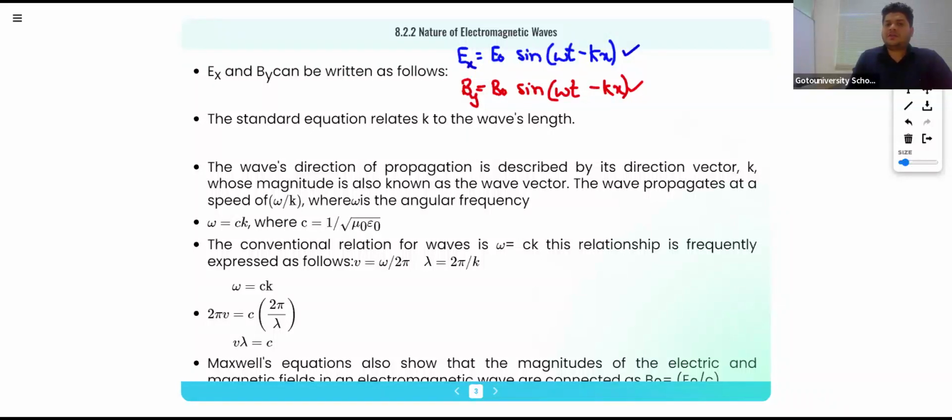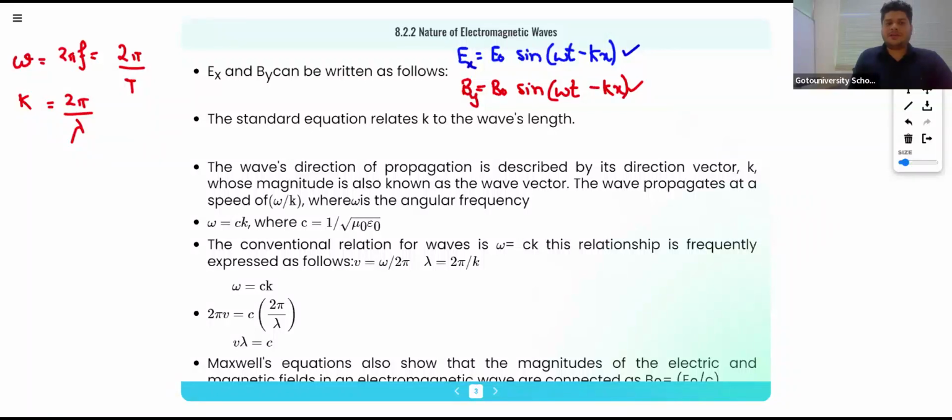What is omega? Omega will be equal to 2 pi f, or it will be equal to 2 pi over T. Then we studied about k. What was k? Propagation constant, and that was equal to 2 pi upon lambda.